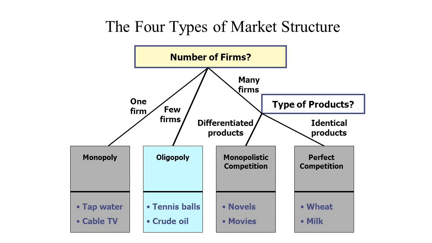They are the only possible producers of that good in that specific location. So if you want to buy electricity in the city of Santa Monica, you will be buying it from Southern California Edison. Those are special types of monopolies, monopolies that are created by the government. Now let's look at each one with a few more details.